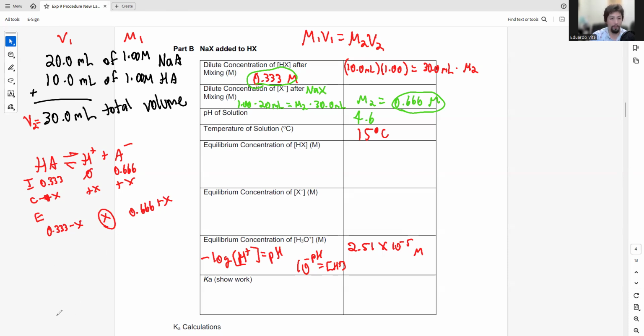And once again, we solve for what we are looking for. So we just solved for X right here. So now we can solve for Ka. Ka is going to equal the products over the reactant.